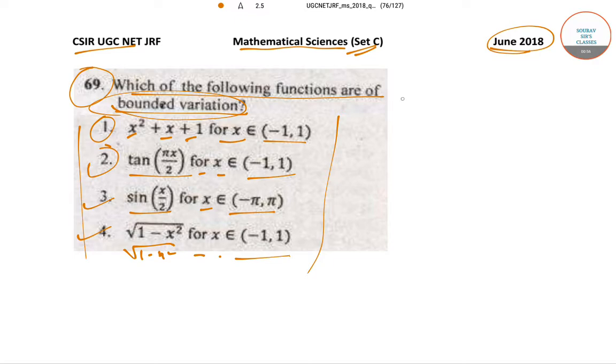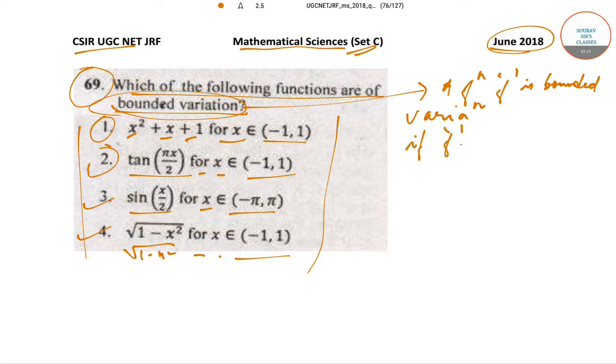So before we delve into the problem, let us understand the meaning of bounded variation. A function f is of bounded variation if f is continuous on the open interval (a, b) and also if f dash is bounded on the open interval (a, b).